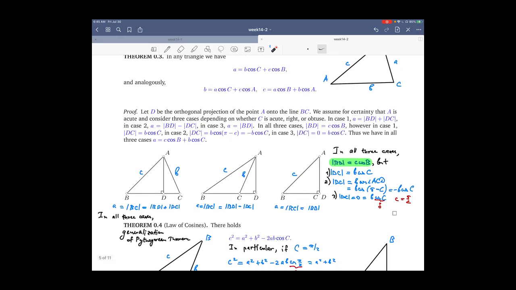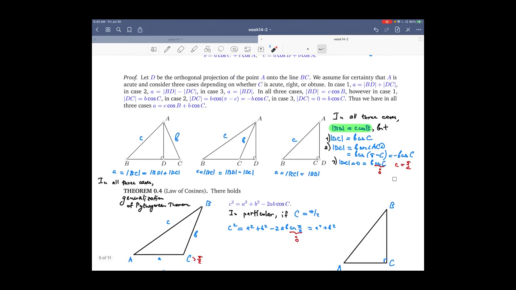In the second case, we get a equals BD minus DC. So it's going to be c cosine B minus negative b cosine C. We again get positive b cosine C plus c cosine B.